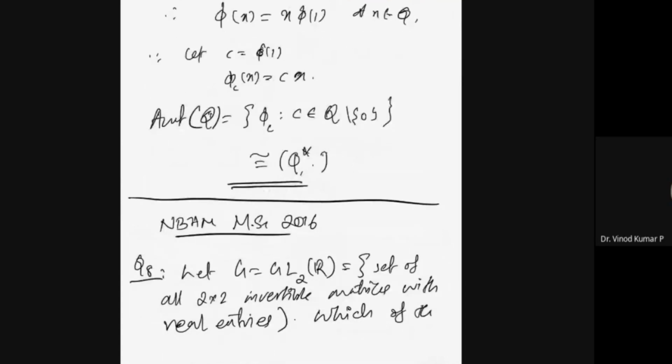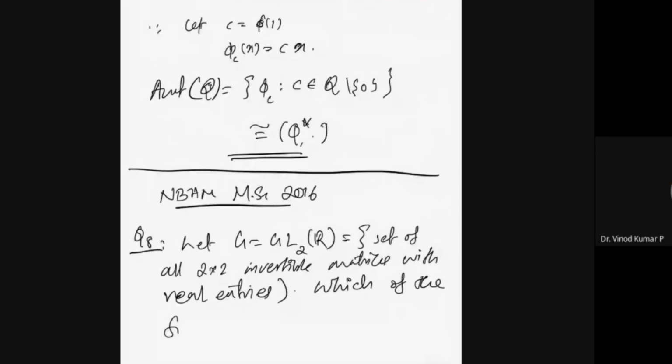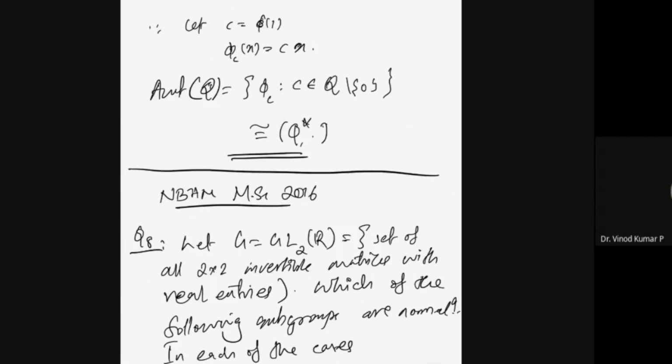Which of the following subgroups are normal, and in each of the cases where H is a normal subgroup, identify the quotient group.